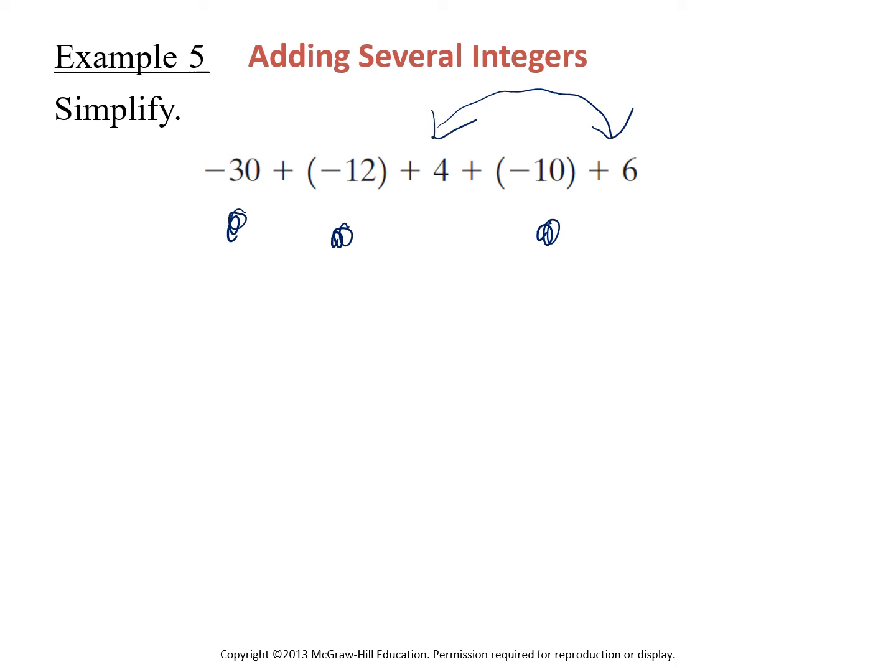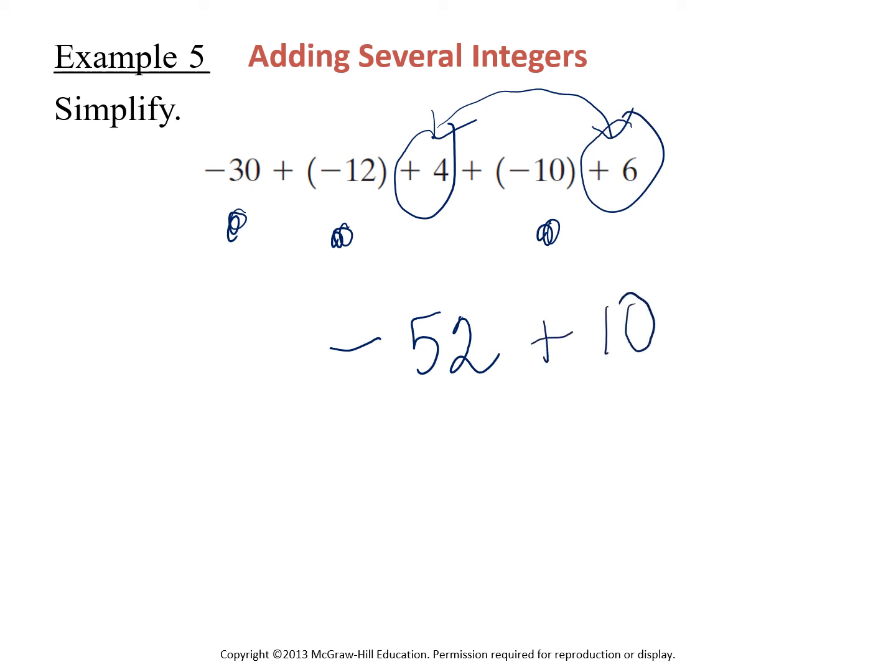Here I have 30 and negative 12, that's negative 42, and negative 10, that's negative 52. And then I combine the positive 4 and the positive 6, and that's positive 10. So I have more negatives. I owe 52, I have 10, so my answer is negative 42.